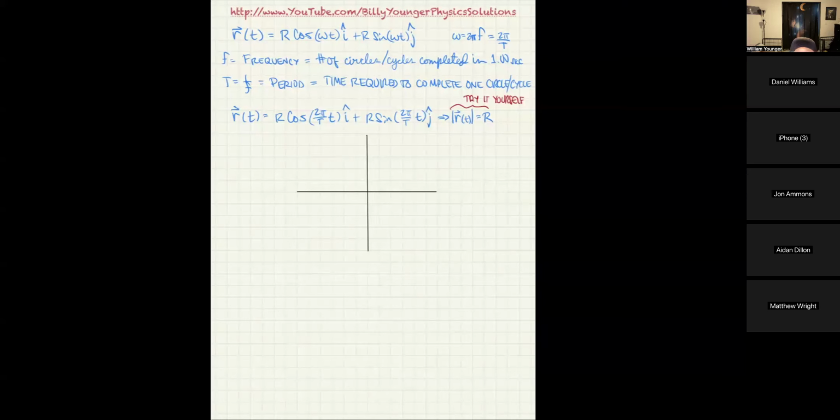I'm going to assume the circle has a radius of 4. So I'm going to put a dot here, here, here, and here.